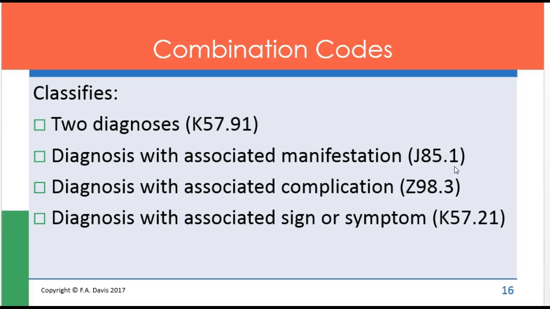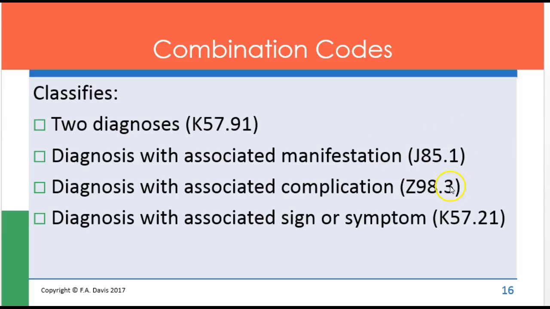The diagnosis J85.1 is a combination code that includes a diagnosis with an associated result or manifestation we talked about a minute ago. So this is an abscess of the lung with the manifestation of pneumonia. So the etiology, the cause, the problem is the abscess of the lung, and pneumonia is what resulted, the manifestation.